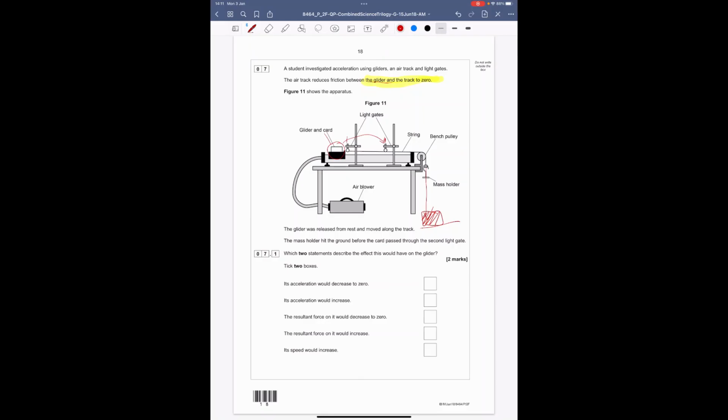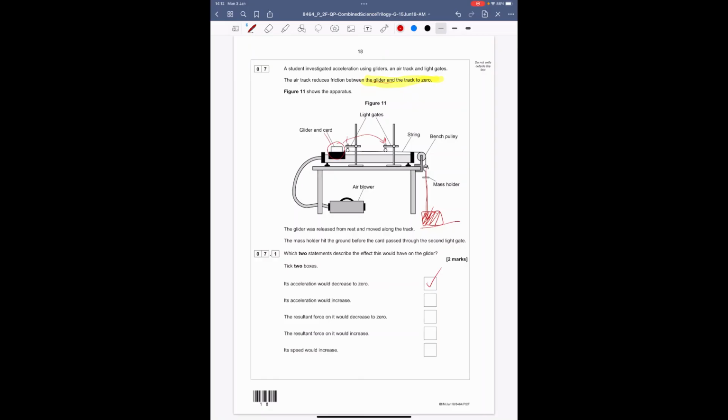What 2 statements describe the effect this would have on the glider? Okay, so its acceleration would decrease to 0. Well, if it's not being pulled down anymore, because the mass holder, the thing that's giving it the acceleration, is already on the ground, it would decrease to 0 because there wouldn't be anything else pulling it down.